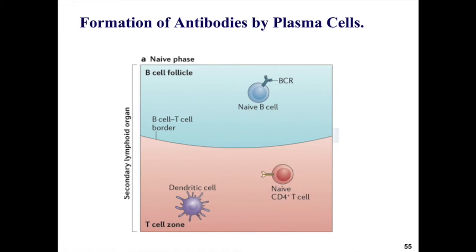So let's imagine this is any lymphoid organ. So we see these three components here. We see a naive B cell, a naive T helper, CD4, and a dendritic cell. Once this tissue gets access to antigen, the B cell will be activated.